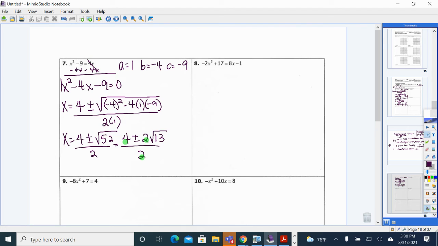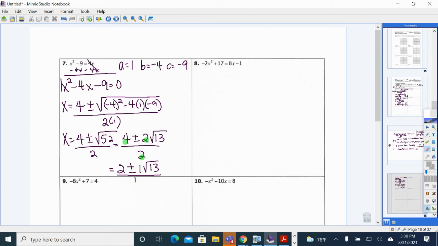So we've got to reduce. But it's only when all three have a common factor. So what is 4 divided by 2? 2. Plus or minus 2 divided by 2 is 1 square root of 13. Now that 1 is not necessary. And then 2 divided by 2 is still 1. Now, a couple of things are not necessary here.